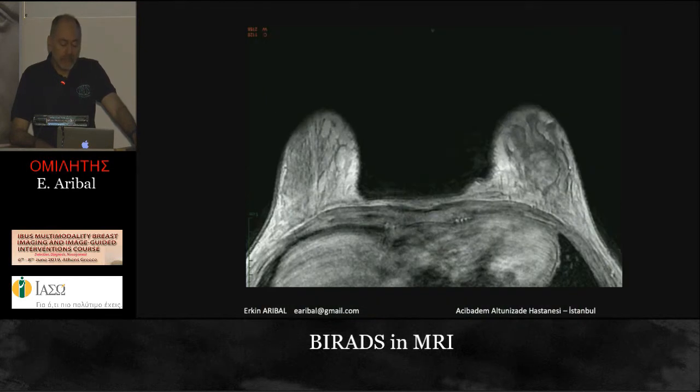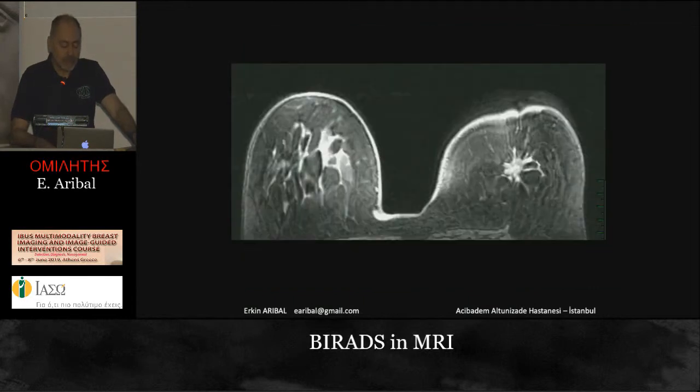And this is another lesion here on the left breast. When you look at the dynamic images, it's mostly a slow rising tumor, which is a benign tumor. And this is a malignant tumor with spiculations. It's evident, and you see this retraction of the tissue around.